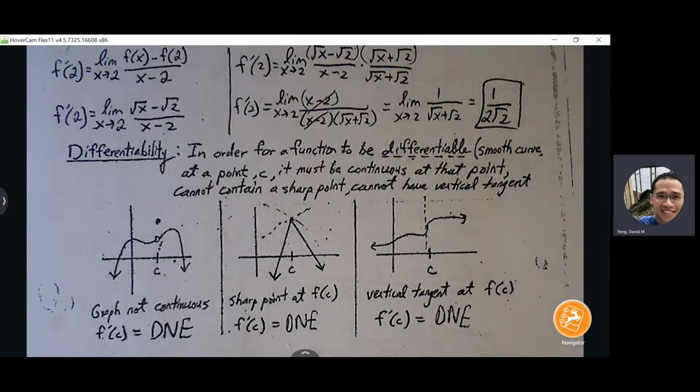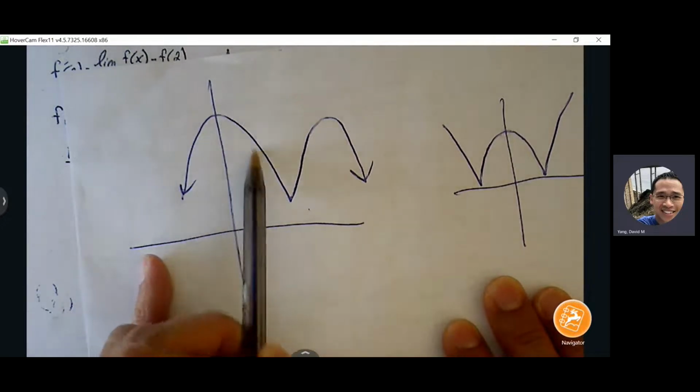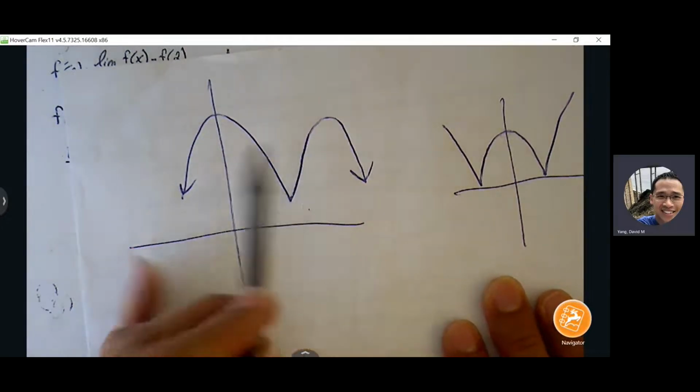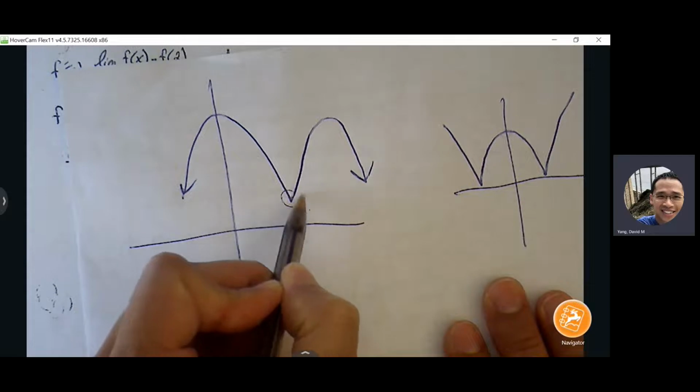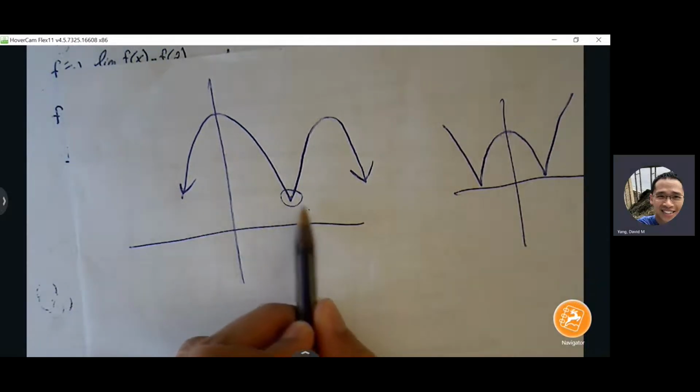So in other words, differentiability just means, is it a smooth curve? Because if it's a smooth curve, then I'm able to find the derivative at any point. I can find the slope at any point if it's along a smooth curve. The issue is if there's any sharp turn that shows up, then I'm not able to draw a tangent line to that point, right? You can't draw a tangent line because the slope doesn't exist.